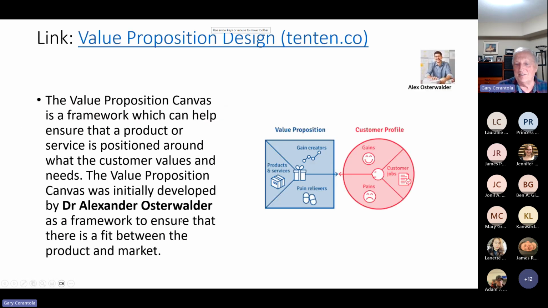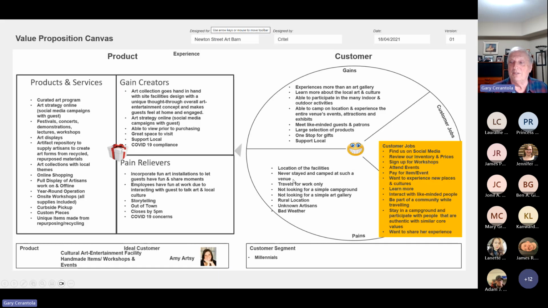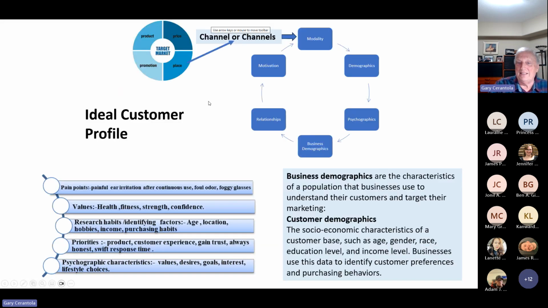Again, Alexander Osterwalder, this is the canvas that he created. And like I said, here's a link where you can go and actually use that for your marketing courses, and you probably talked about that already. So again, just a review, this is what we did for Amy Artsy with the staff from the Art Barn to be able to create that.